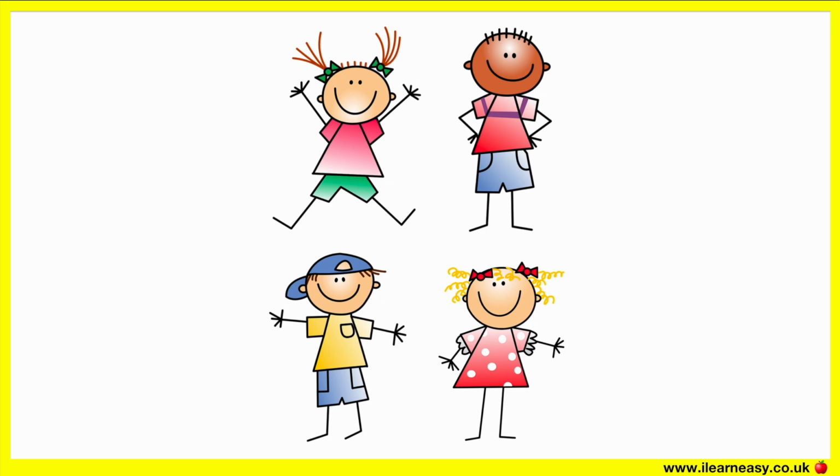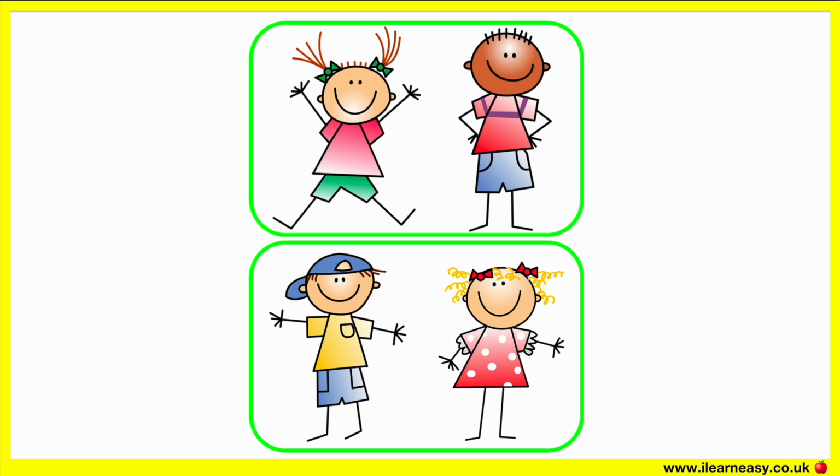Here are 4 children. Does each child have a friend? The answer is yes. Each child has a friend. Therefore, the number 4 is an even number.